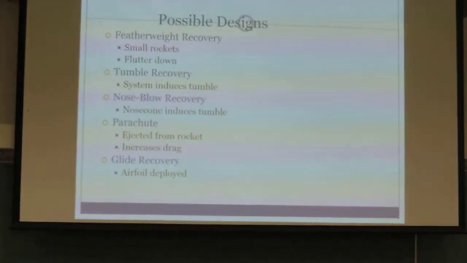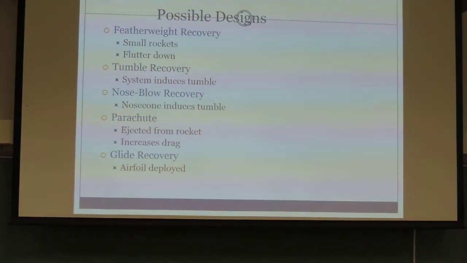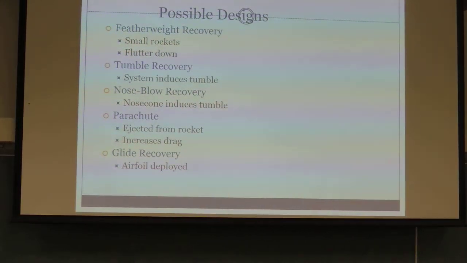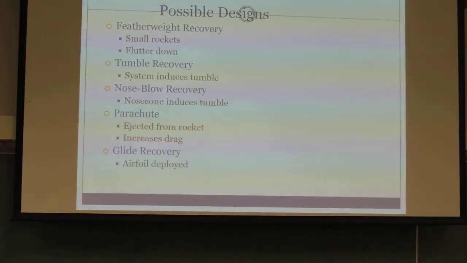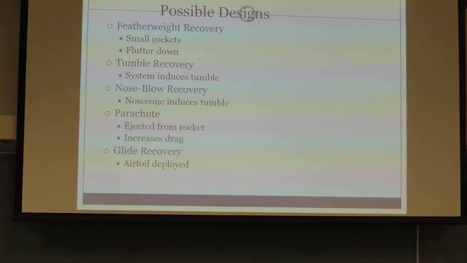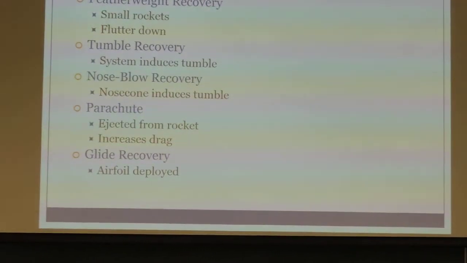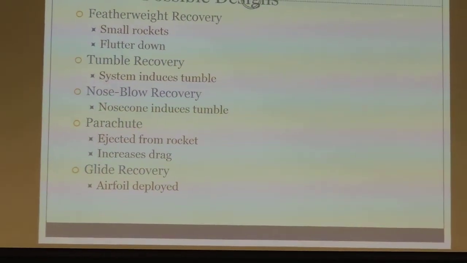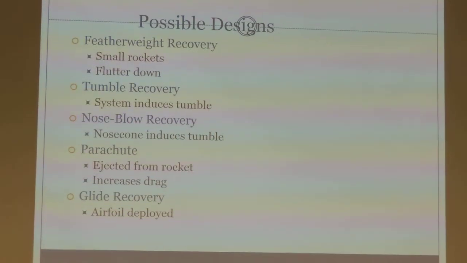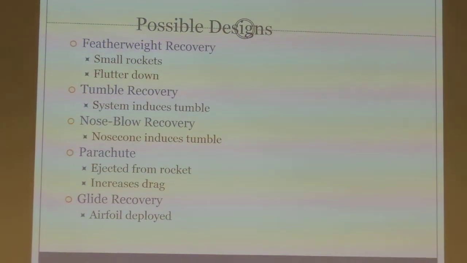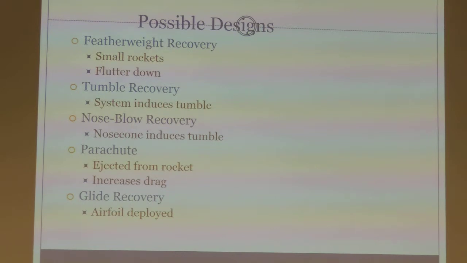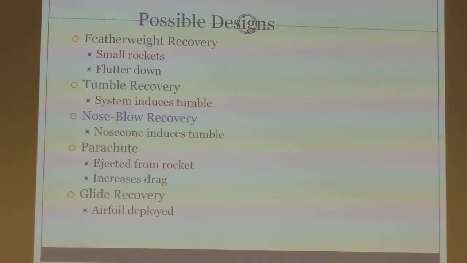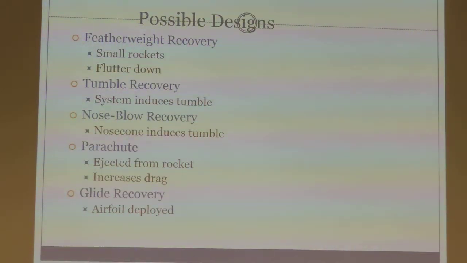They're ejected from the rocket using ejection charges, and it increases the drag, giving us a reliable, safe recovery. Additional methods are glide recovery, where an airfoil, like a wing, deploys and causes it to glide down. That can be done, it's just difficult. Again, parachutes are the most practical and the easiest way to implement.